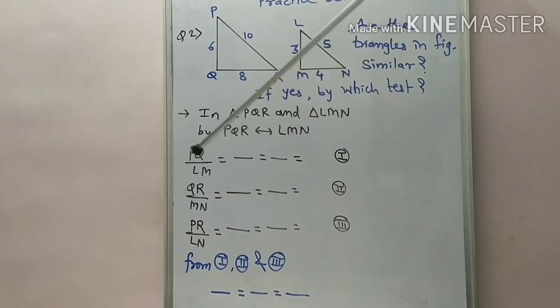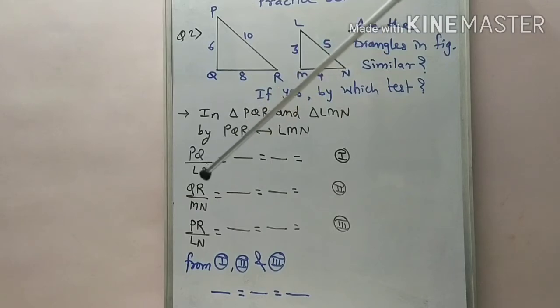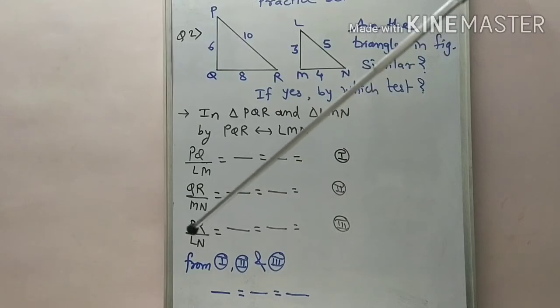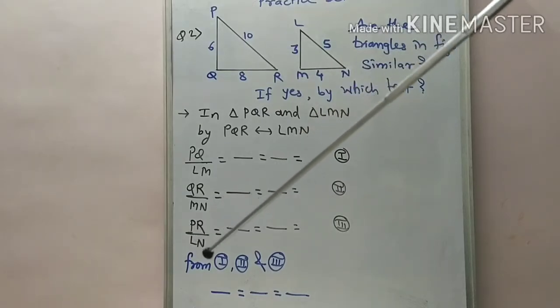So we take the ratio PQ upon LM. Similarly, for QR the corresponding side is MN, so we take the second ratio as QR upon MN. And for PR the corresponding side is LN, so we take the ratio of PR and LN.